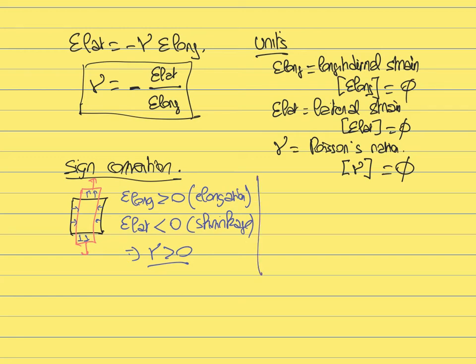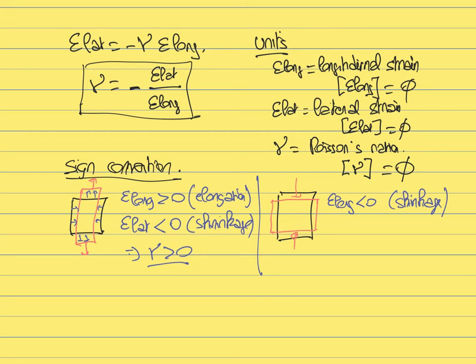The other case is where you have an initial beam like this, and this time you compress it. Because you compress it, the longitudinal strain is going to be negative. You will have a shrinkage along the longitudinal direction.